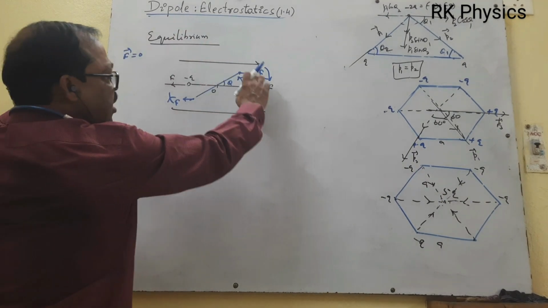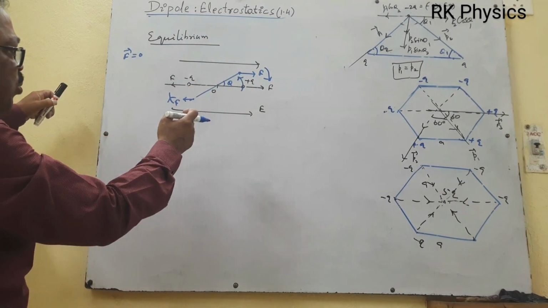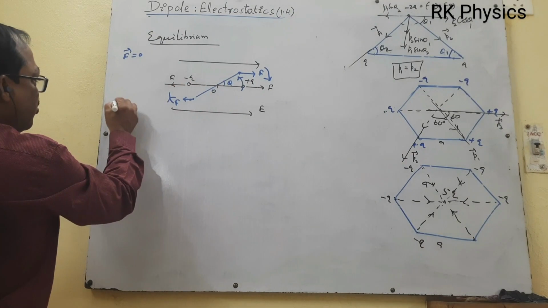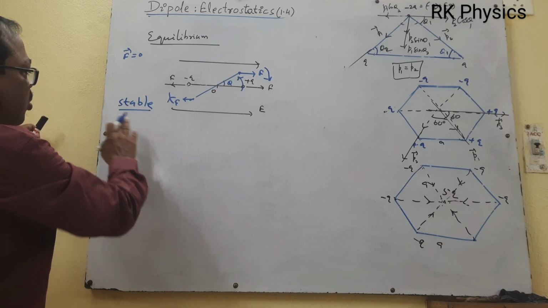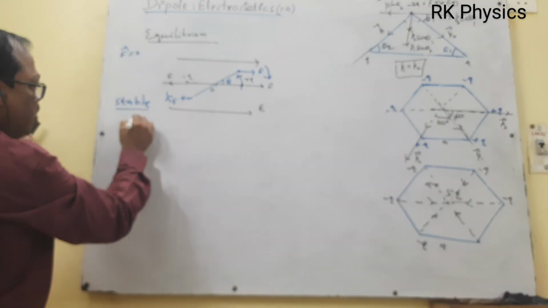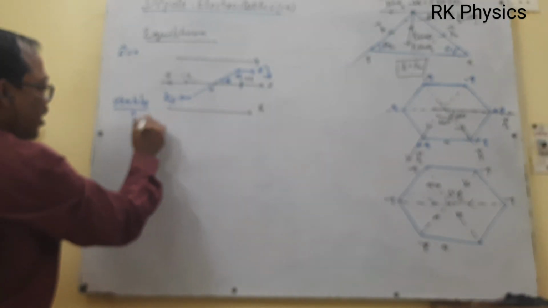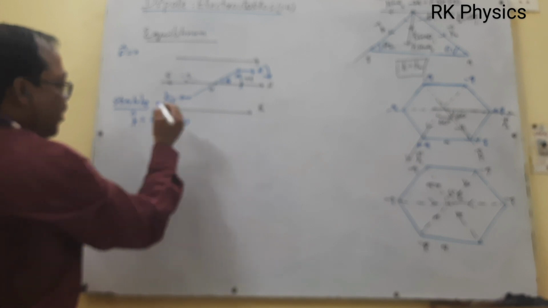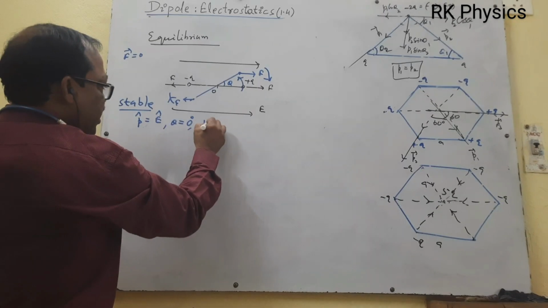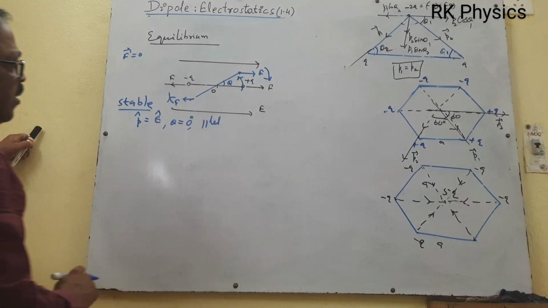If it has some tendency to rotate back to its initial position, then that type of equilibrium is called stable equilibrium. The condition of stable equilibrium is P cap equal to E cap, the direction of the field is the same, or the angle between them is 0 degrees, or they are parallel to each other.